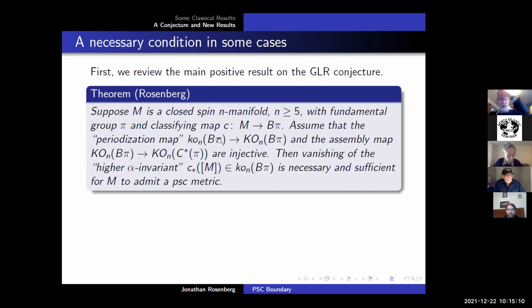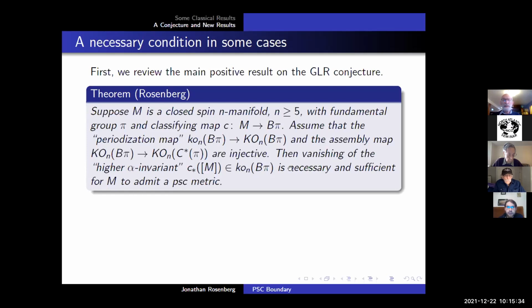The injectivity of the periodization map is a pure algebraic topology question, which can usually be answered one way or the other in practical cases. So if you know both of these things, then vanishing of the higher alpha invariant is both necessary and sufficient for M to admit a positive scalar curvature metric.